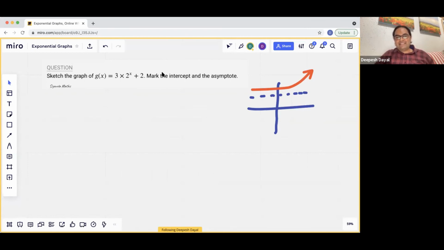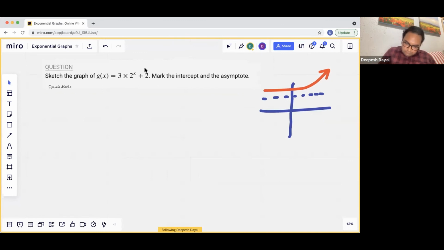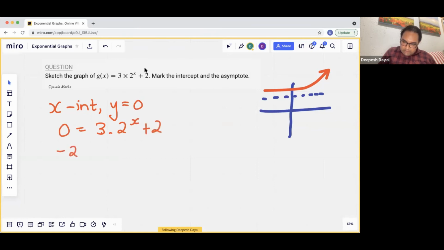So let's find the intercepts. We find x by making y equal to 0, and y by making x equal to 0. So for the x-intercept, we make y equal to 0. So 0 equals 3 times 2 to the x plus 2, minus 2 equals 3 times 2 to the x, minus 2 over 3 equals 2 to the x.